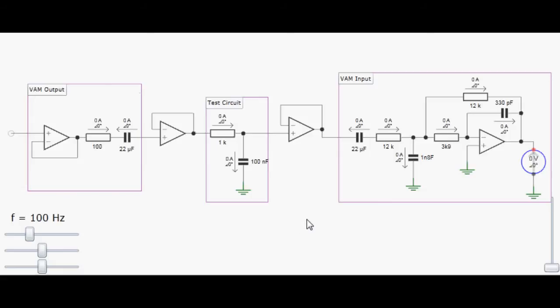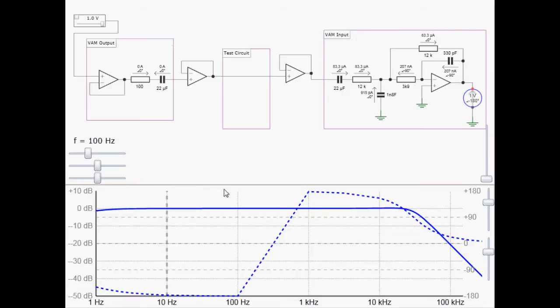Just one slight catch. If we simulate the performance of this circuit with two buffers and no test circuit at all, just a wire joining the two op-amps together, then you notice that the frequency response that we measure is not completely flat over the range of audio frequencies from 1 Hz up to 10 kilohertz that we're interested in.